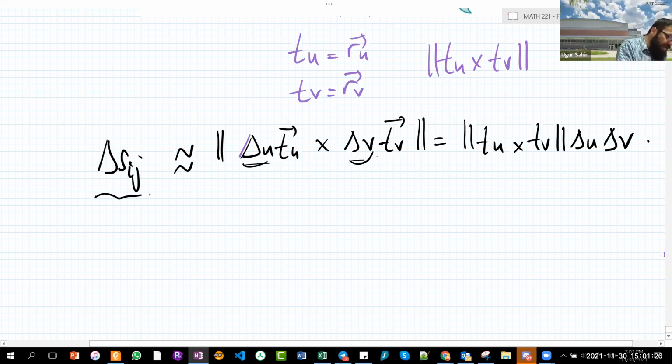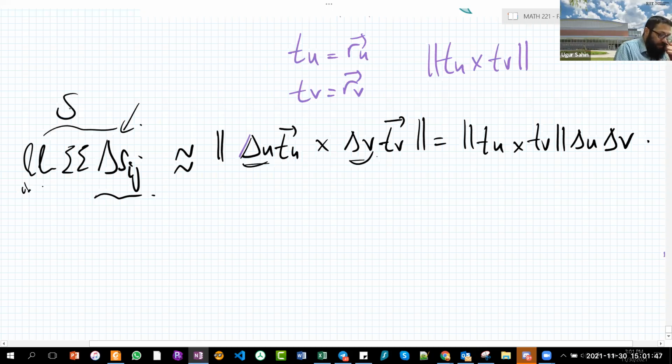Now look at that, guys. What I want to do is use infinitely many delta Sij to find the exact area of the surface S. You remember that I use this limit to get the exact area.